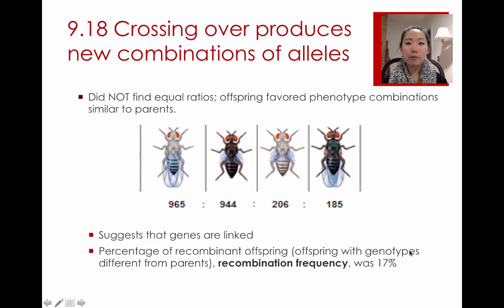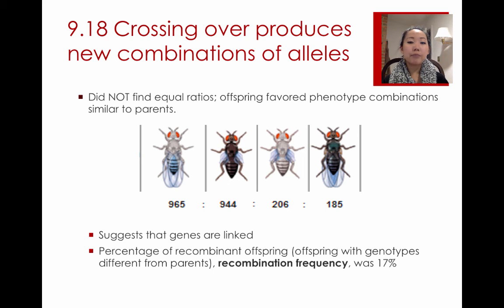But this is not what this person found. This person actually found that there were unequal ratios, and the offspring really favored the phenotypes that looked exactly like the parents. So you notice that this one right here, the gray and long wings, and then the black with the short wings, were much, much more likely to be seen than the other two. So this actually shows that the genes are most likely linked. You're most likely to inherit those two genes for the color of the body and the length of the wing together.